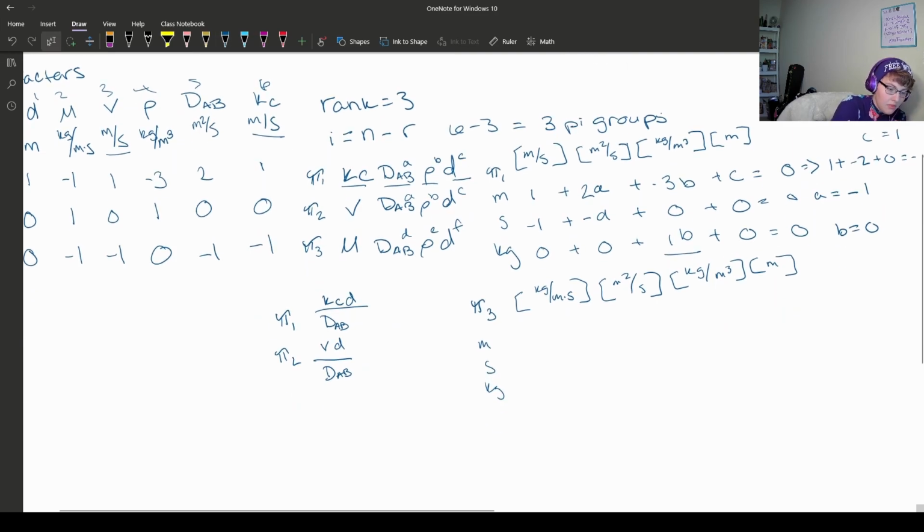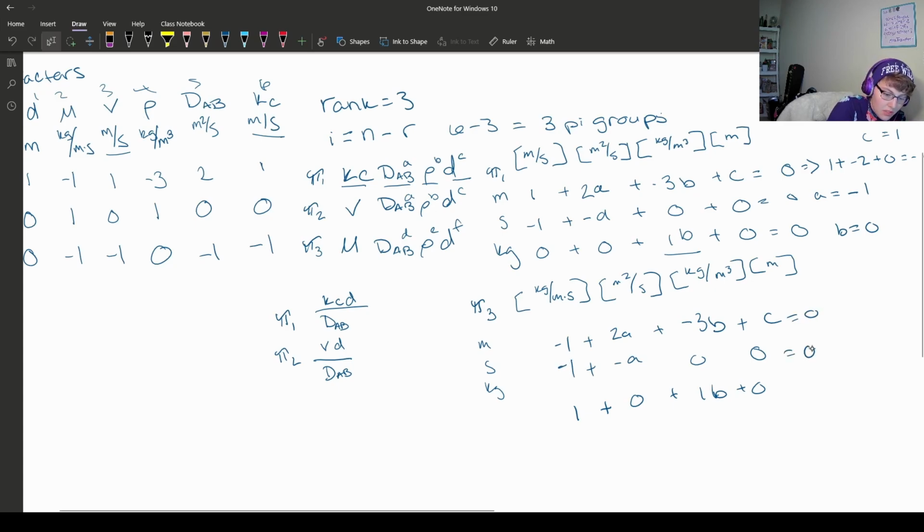And then these numbers are all going to transfer down: -A, -3B, and C, and 1B. The only thing that will change is the representation of these units. So we have 1 for kilograms, -1 for meters, and -1 for seconds.